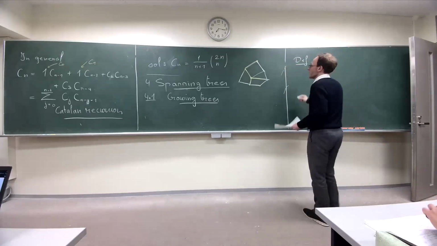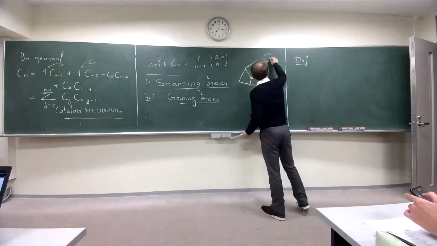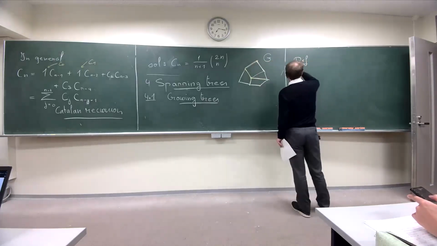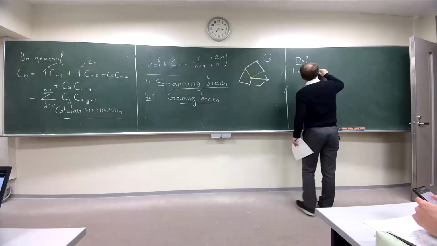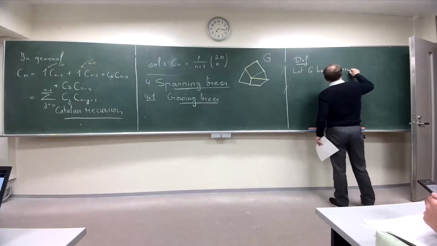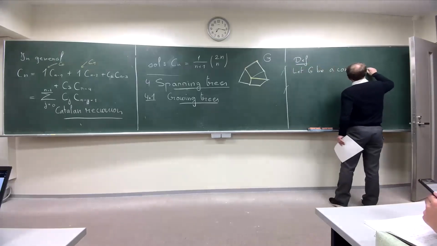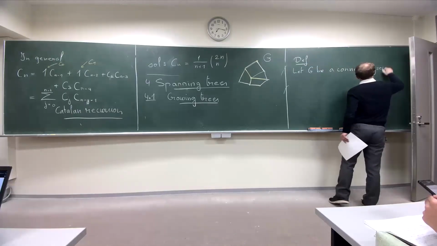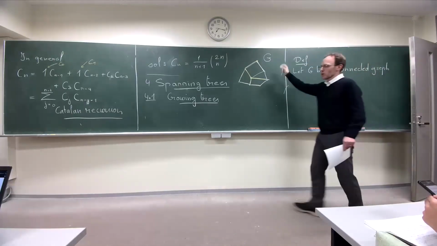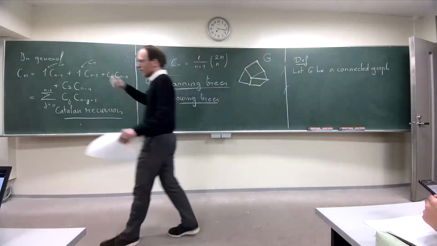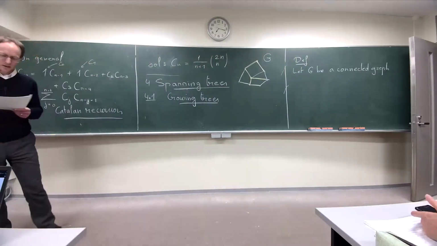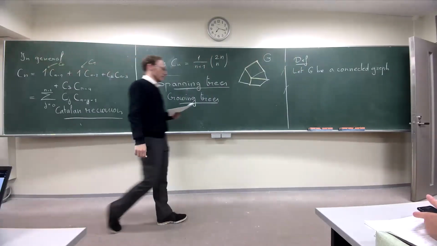Definition. At the beginning, I started with just a graph. So let G be a connected graph. I want it to be in one piece. Of course, if you have two pieces, you cannot construct one tree. So we start with a connected graph.